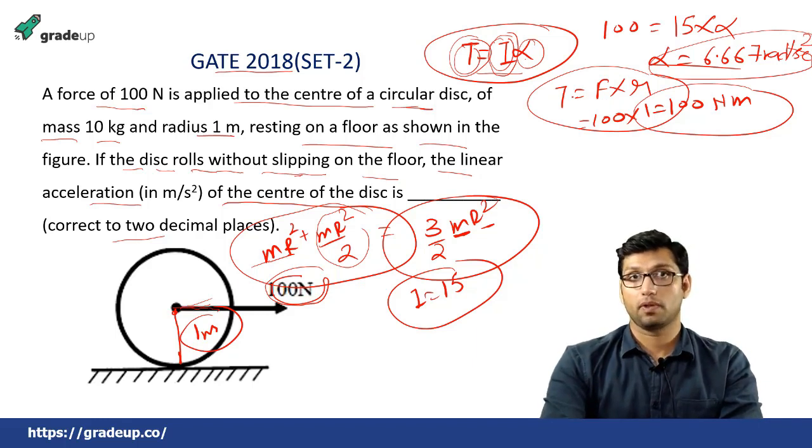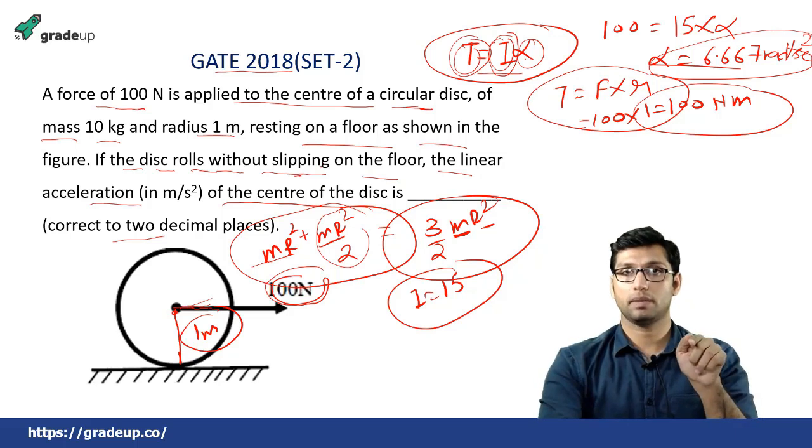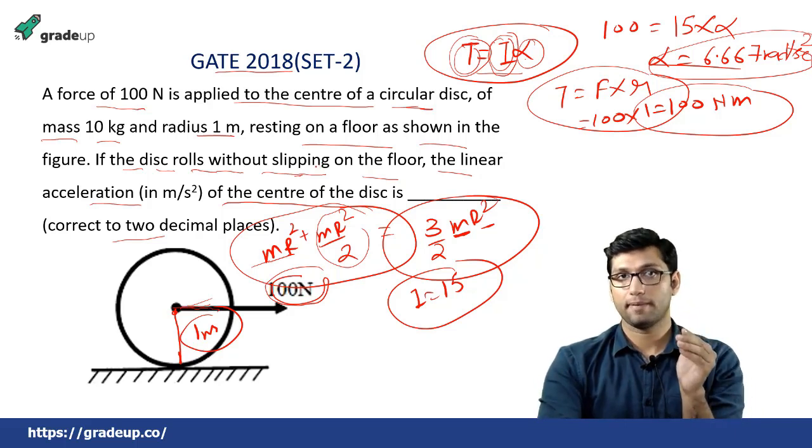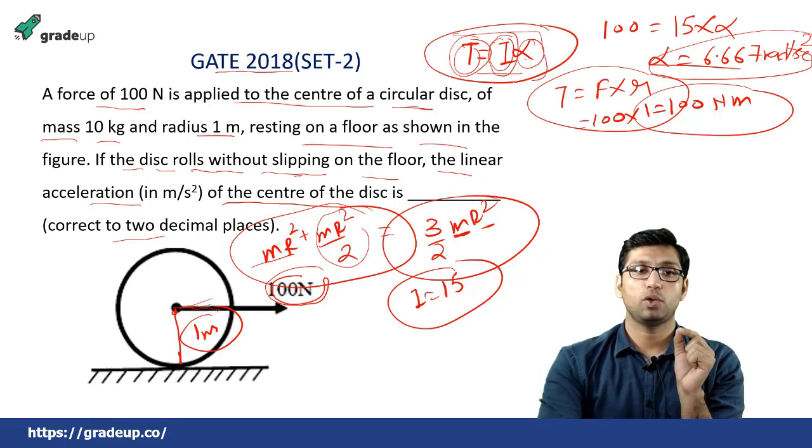Is it clear to you? This was a very easy question, but what you need to apply is the concept that, since it is given that the disc rolls without slipping, it is a case of pure rolling, and we know from kinetics that the equation of motion for a pure rolling or rotary condition is torque equal to I into alpha, which is analogous to the equation F equal to ma.